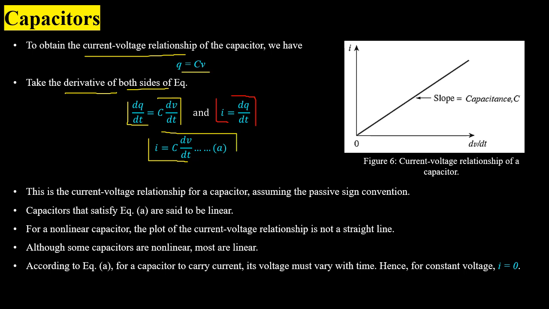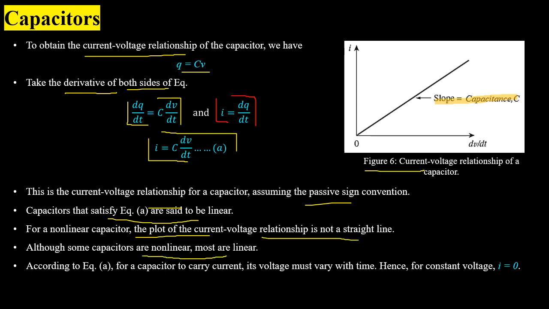Capacitors that satisfy equation A are said to be linear, and this is represented graphically in figure 6, which shows a line with a constant slope equal to the capacitance, whereas the current-voltage graph for a nonlinear capacitor is not a straight line. Although some capacitors are nonlinear, most of them are linear.